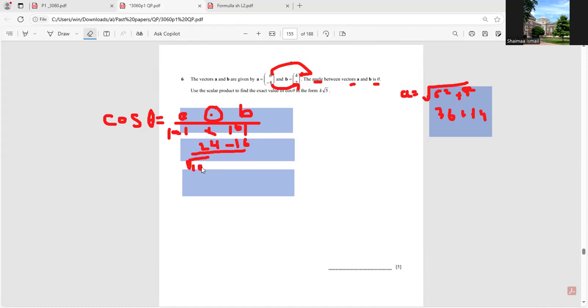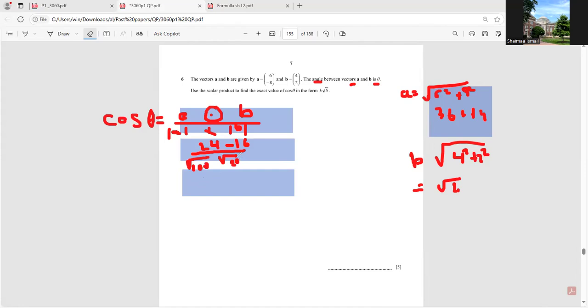Okay, and here we have to get the magnitude of B, which will be the root of 4 squared plus 2 squared. Here it will be 16 plus 4, which is root 20. So here it will be multiplied by root 20.